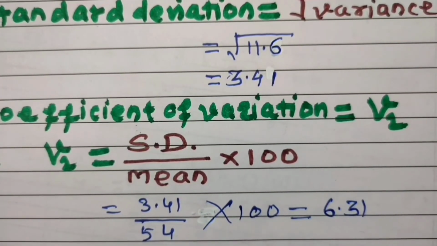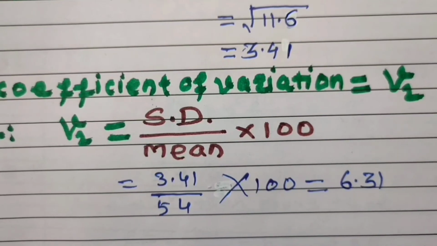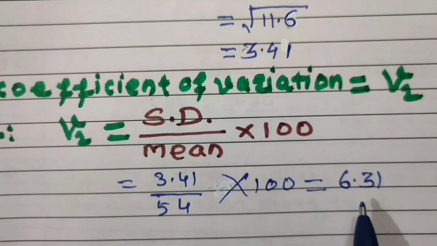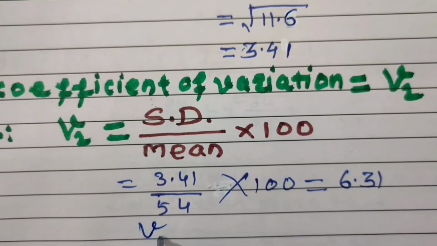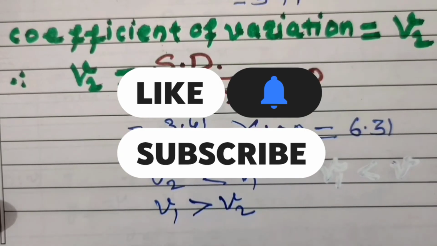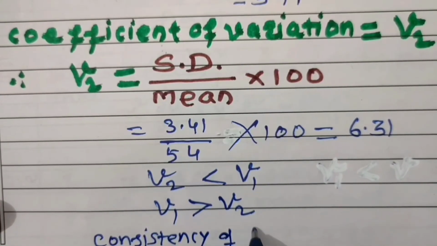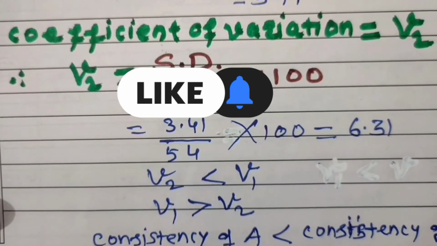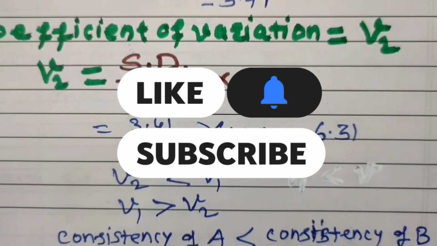But here we have obtained V1 is equal to 11.59 and V2 is equal to 6.31. This implies V2 is less than V1, and consistency of A is less than consistency of B. Hence the solution.